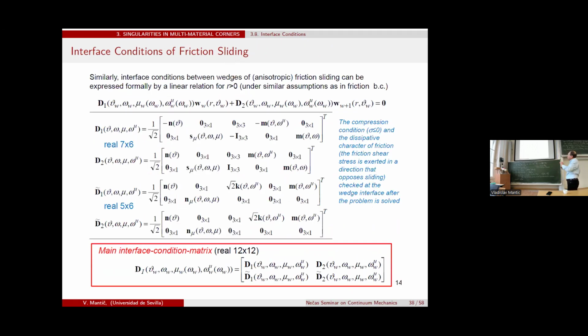We can do the same for frictional sliding, but of course the matrices are more complex. But we end up again with a 12 times 12 matrix formed by these boundary condition matrices, which is again orthogonal.